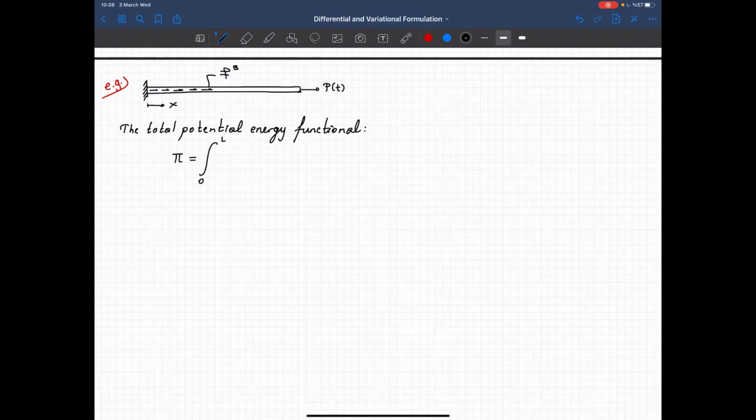So I'm just integrating from 0 to L, 1 over 2 E times A del U over del X squared dx, which will give me the internal strain energy, minus the work done by the body force, so U times the body force multiplied by dx, and we also have the point load at the tip, so the displacement at the tip multiplied by PT.